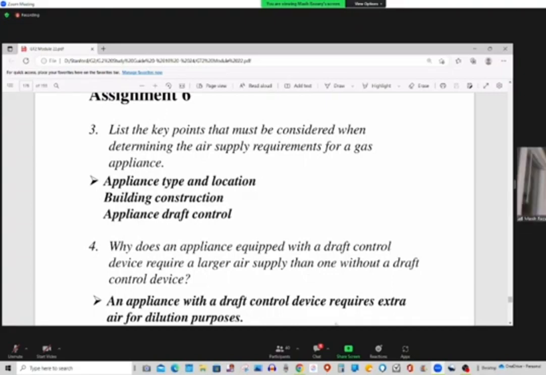You said what are the important items when you want to choose the air supply for the combustion air. Do you remember first? Appliance, what type? How much BTU? Second, loose house, tight house. And is it with or without draft control? Yeah. Thank you.